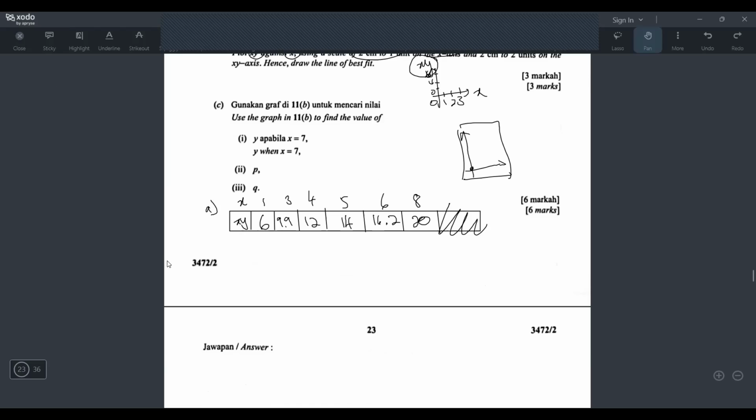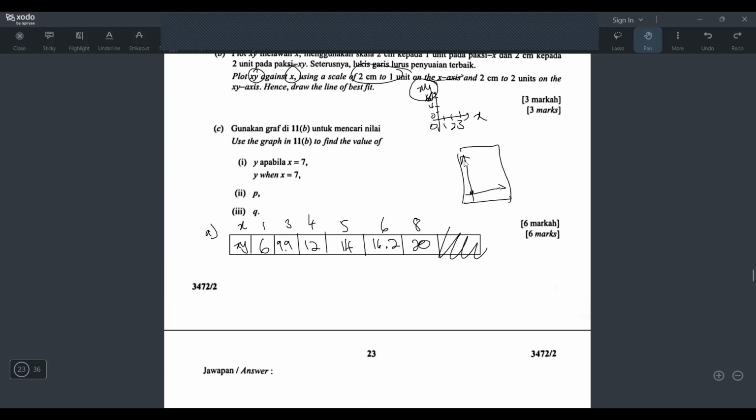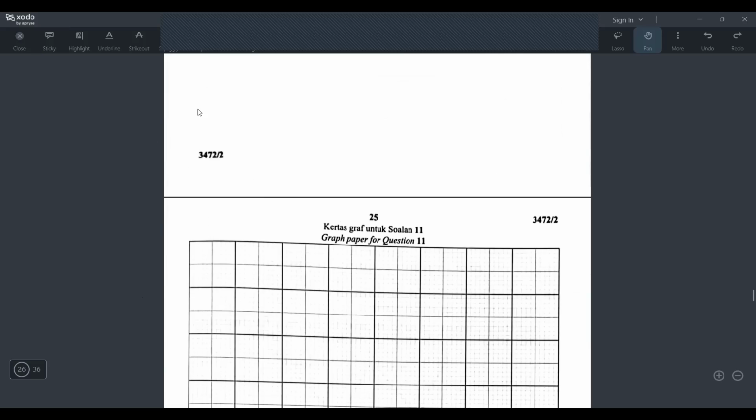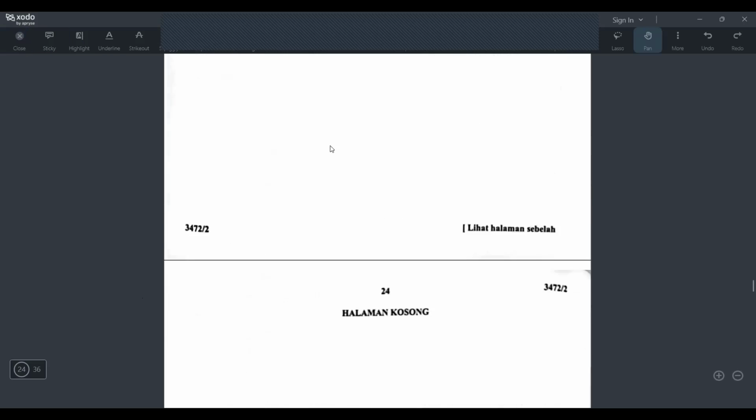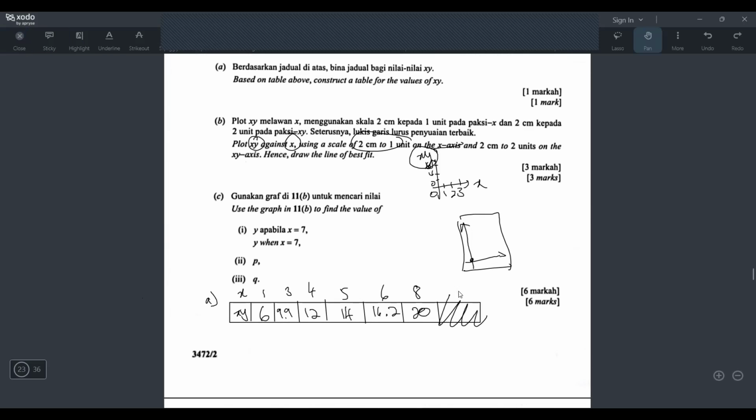So now let's go to the graph paper and start drawing our axes, 2 cm to 1, 2 cm to 2. Let's go. So our zero will be at the bottom left, and then 2 cm to 1, which means 1, 2, 3, 4, 5, 6, 7. But I remember there was an 8 just now. Let's see. Okay, the biggest value is 8.